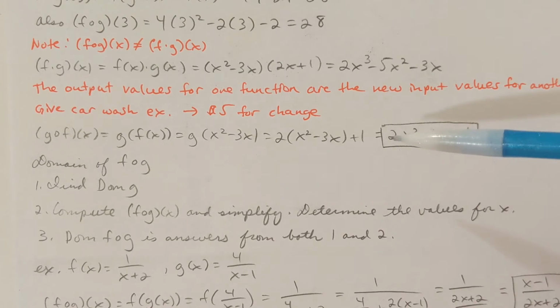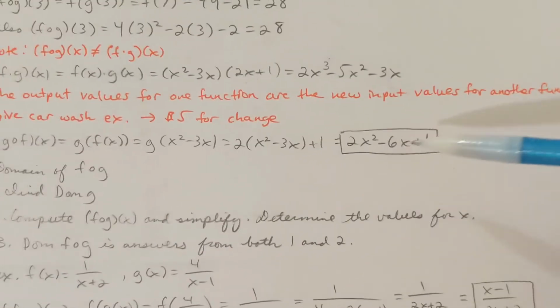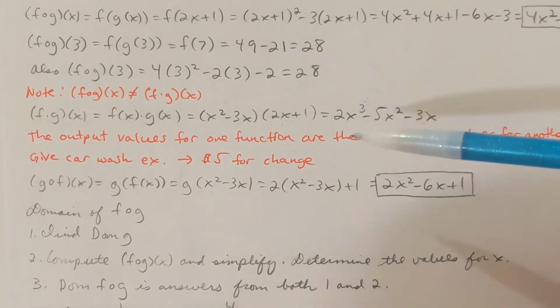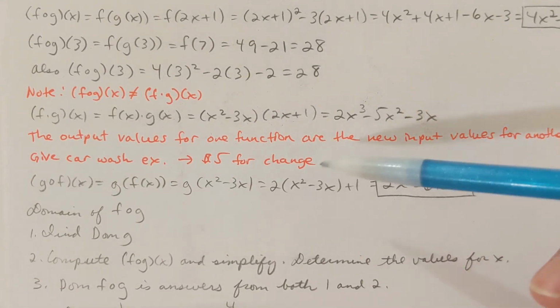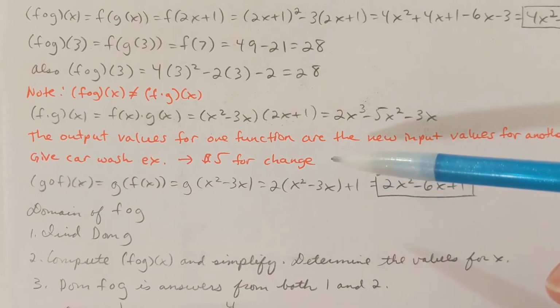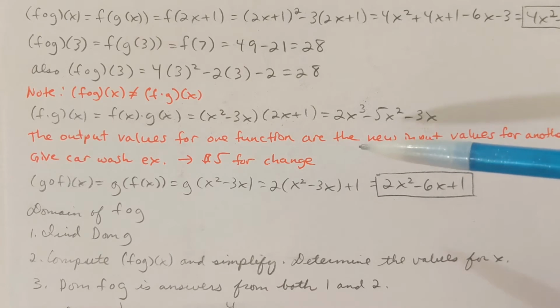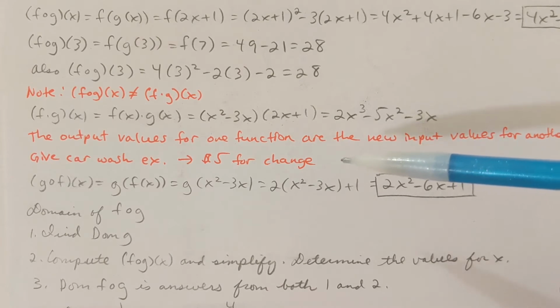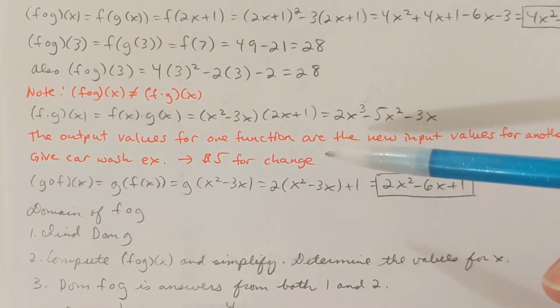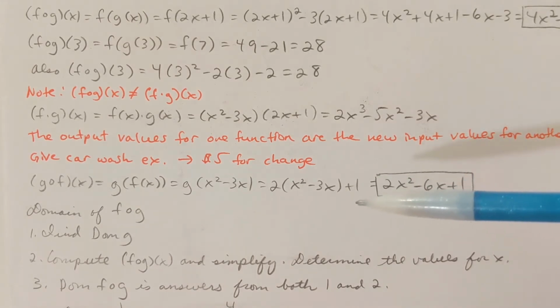The output values for one function are the new input values for another function. Just to give you a quick example, it's kind of like being at a car wash. Suppose that it costs $5 to get the car washed, and suppose that you've only got a $5 bill on you. You've got to go get a bunch of coins for change.